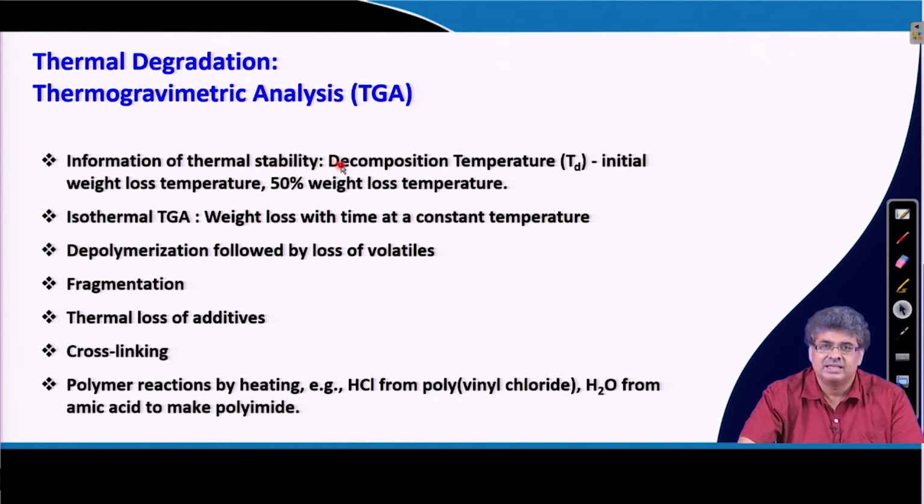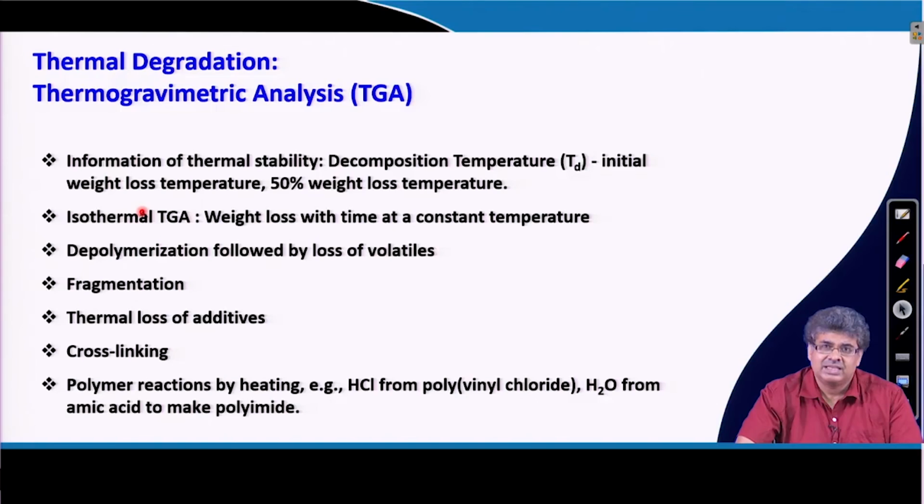Generally, the temperature from which the sample starts to lose mass we call the decomposition temperature, or initial weight loss temperature. We can also use another term, the 50% weight loss temperature, at which 50% weight loss happens.